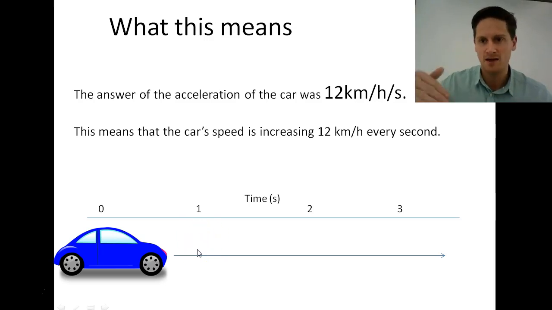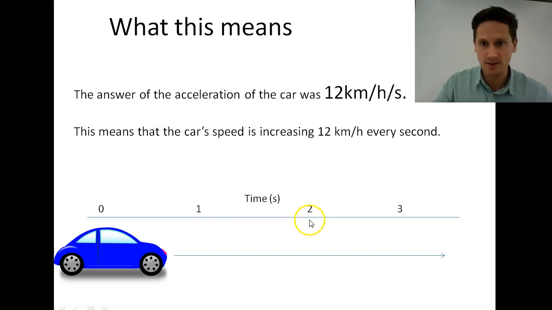And you can think of that on your speedometer in your car. After 2 seconds of experiencing an acceleration of 12 kilometers per hour per second, you have to add another 12 kilometers per hour on the speed. So 12 kilometers per hour at 1 second.